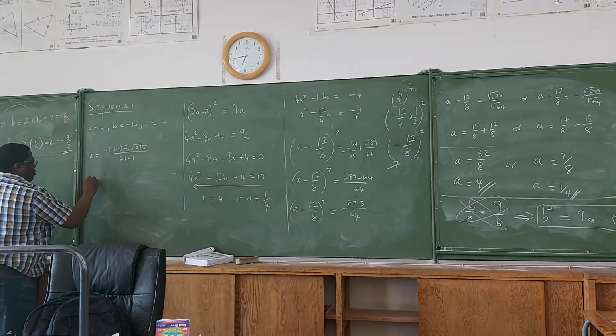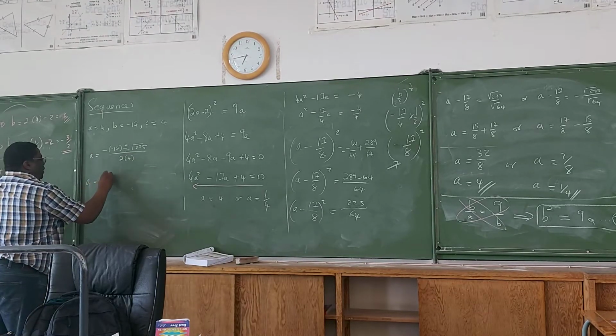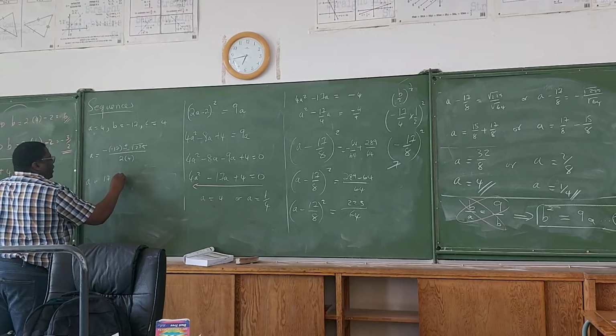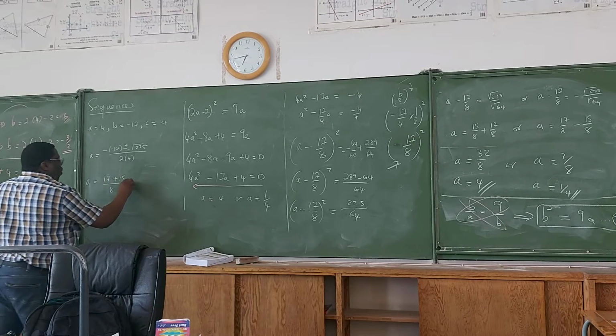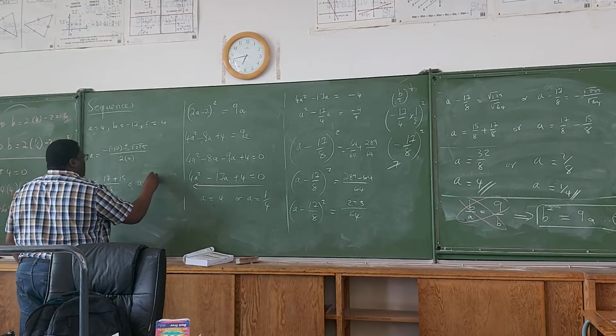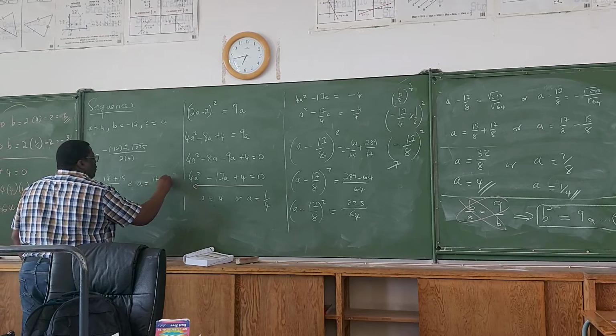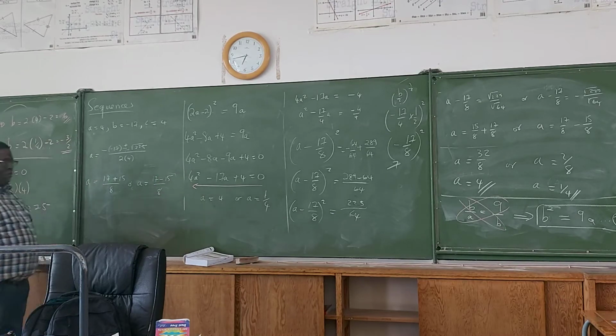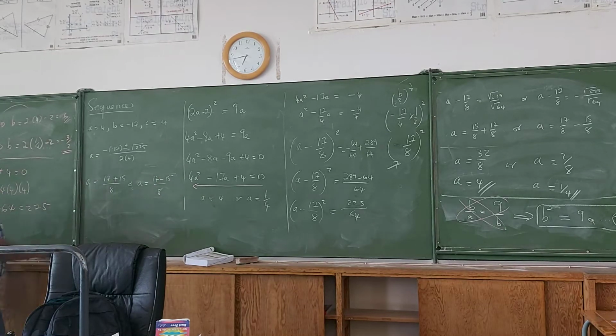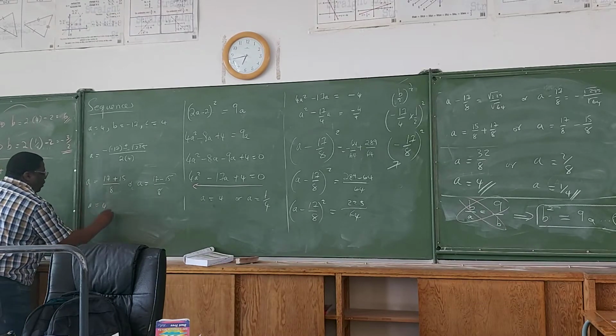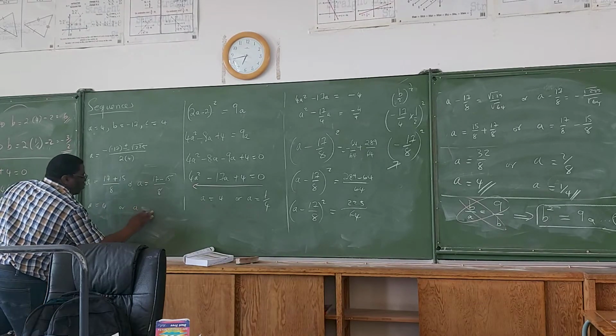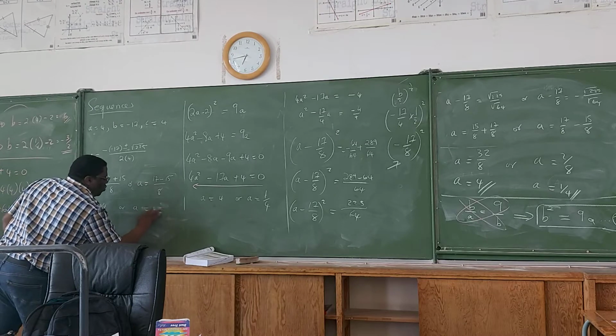Good. So A is going to be 17 plus 15 over 8, or A is going to be 17 minus 15 over 8. Are these not the solutions? Which is A equals 4 or A equals negative 1 over 4.